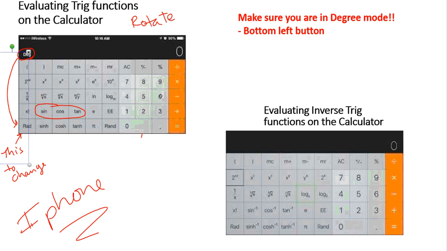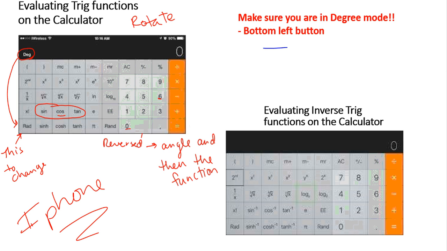You would have to hit 6, 0, and then sine for it to find the sine of that angle. So it's a little bit reversed. So angle and then the function. So make sure you're in degree mode.